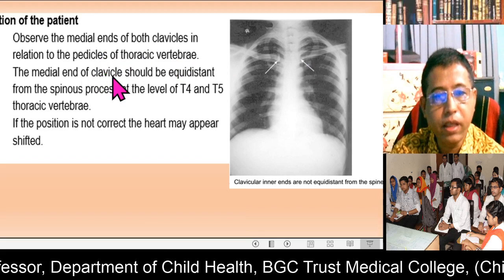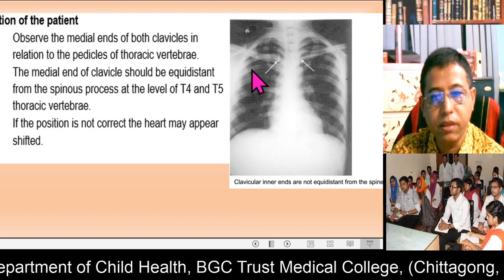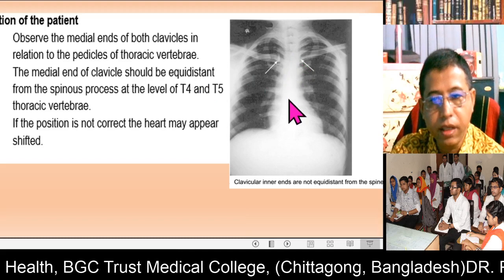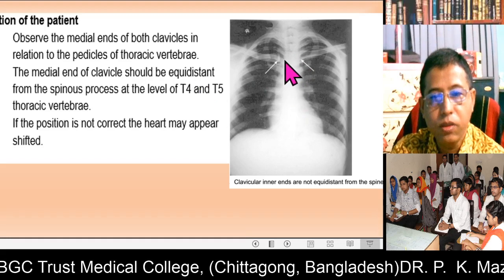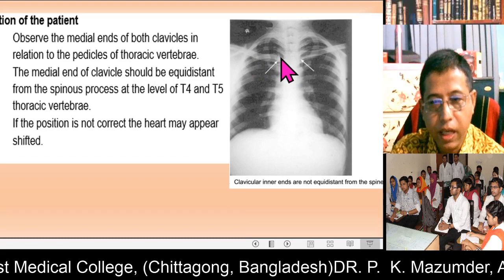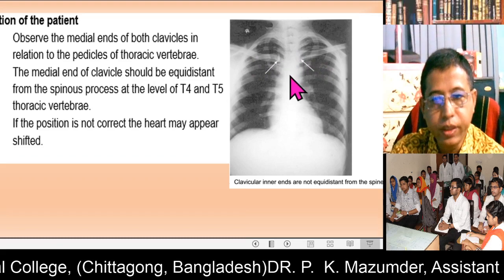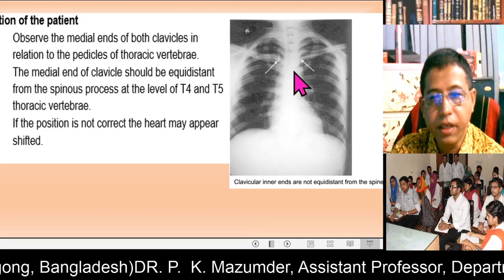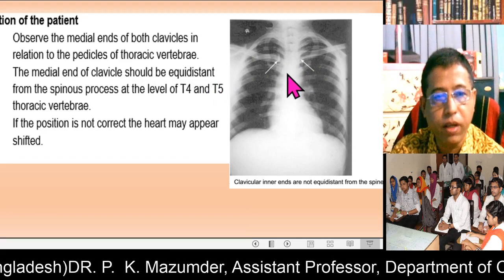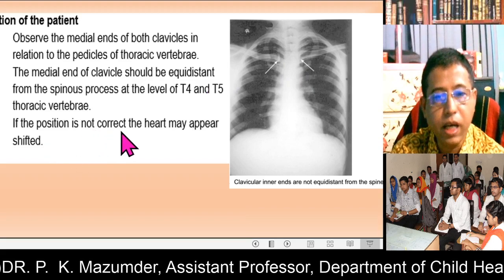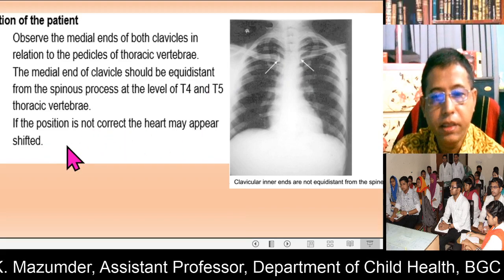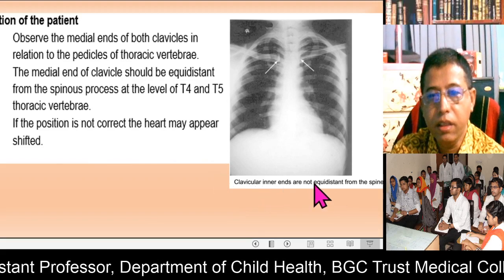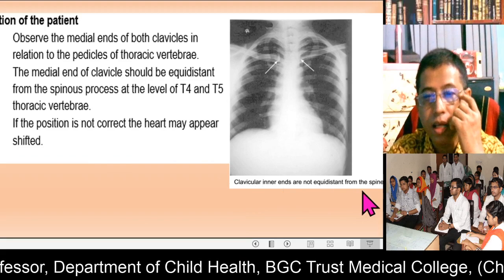Usually the medial end of the clavicle should be equidistant from the spinous process at the level of the T4 and T5 thoracic vertebra. If the position is not correct, the heart may appear shifted. Here the clavicular inner ends are not equidistant from the spine.